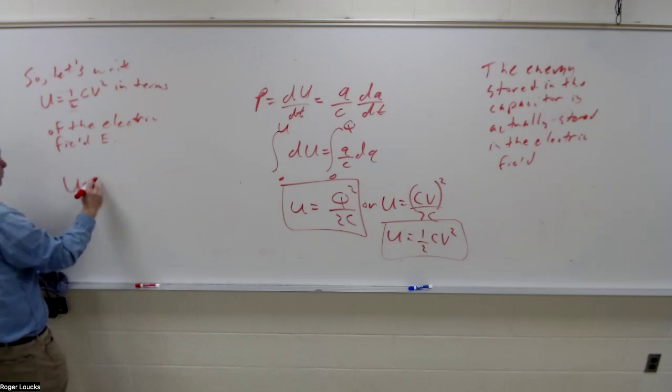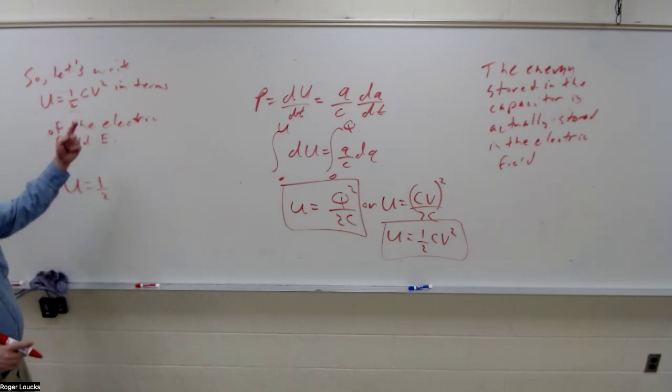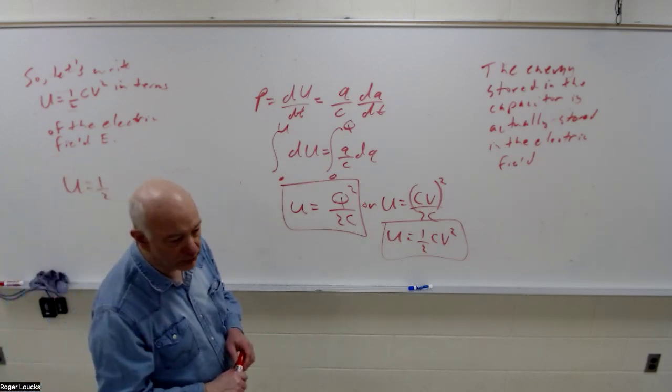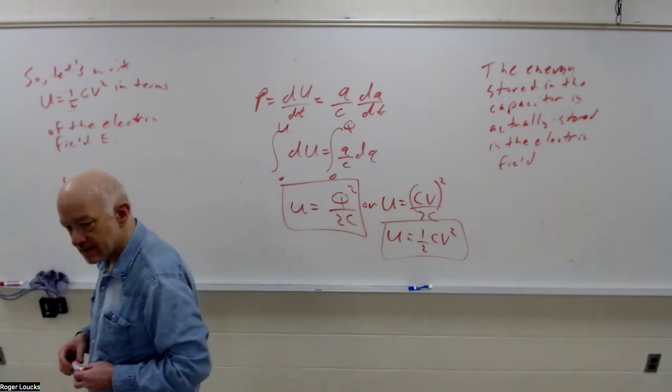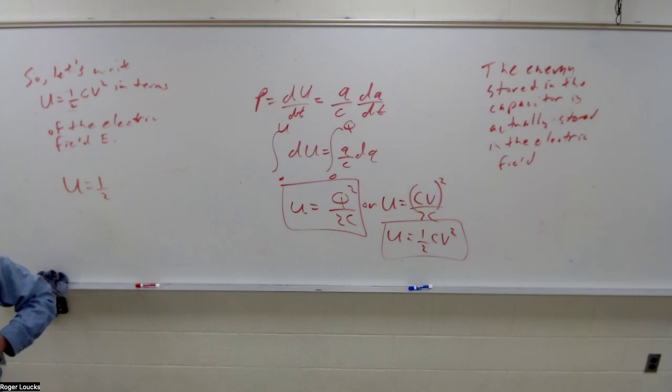So U equals 1/2. How can I write C for a parallel plate capacitor? Epsilon naught A over D.